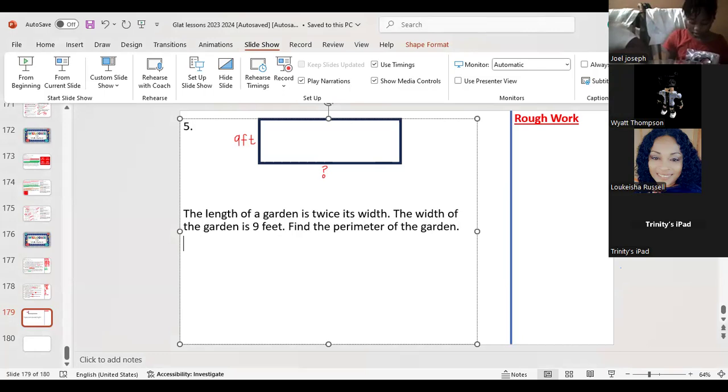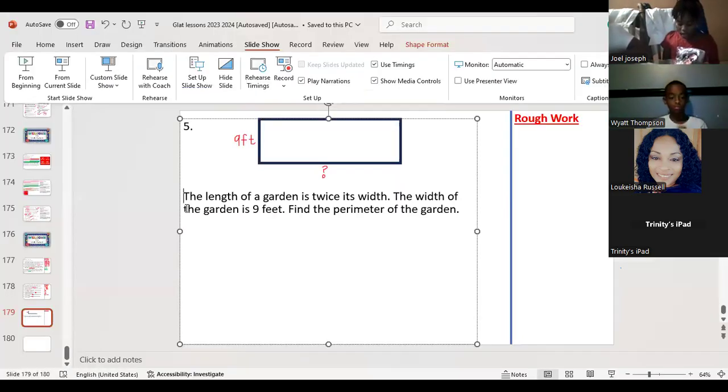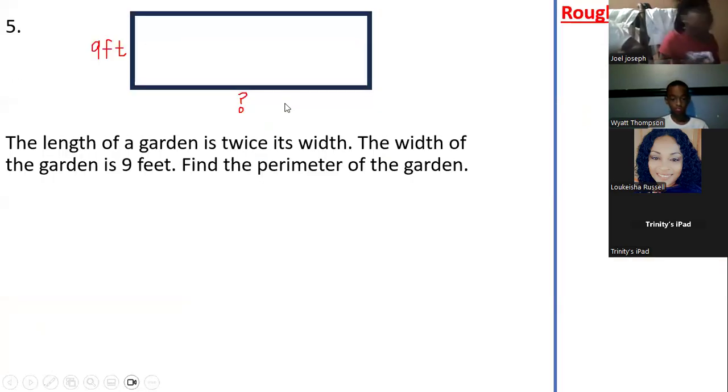All right, do y'all remember how to do this from last week? What is perimeter? The length of the outside of the shape. Yes, the perimeter is the distance around a shape. So question, if this is 9 feet, what would this side be? 9 feet.